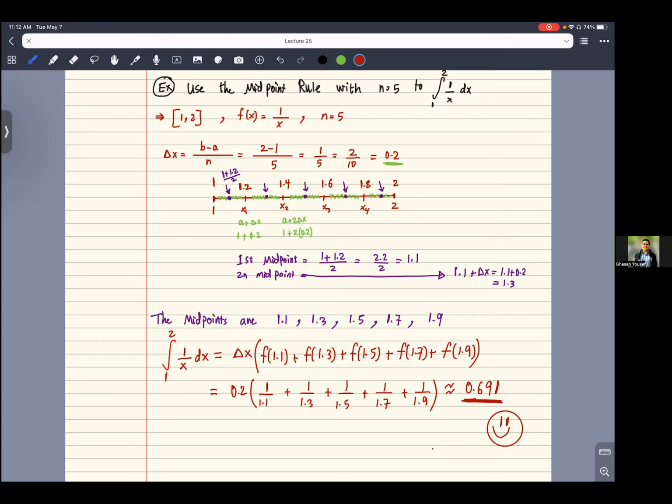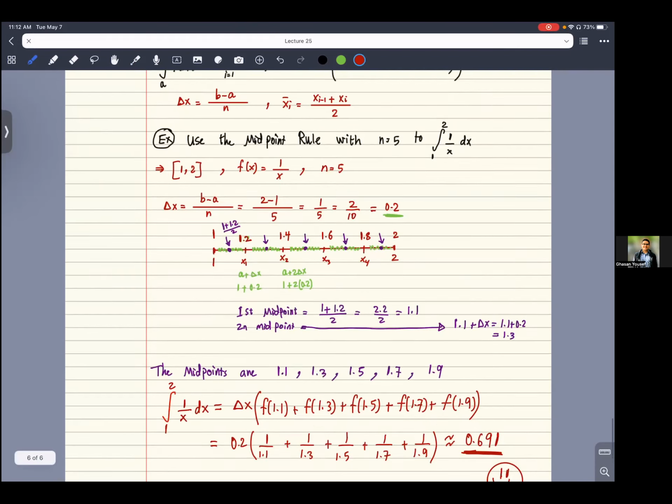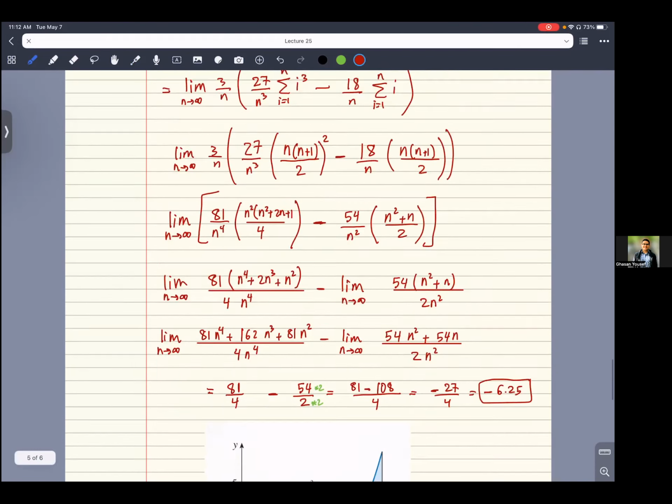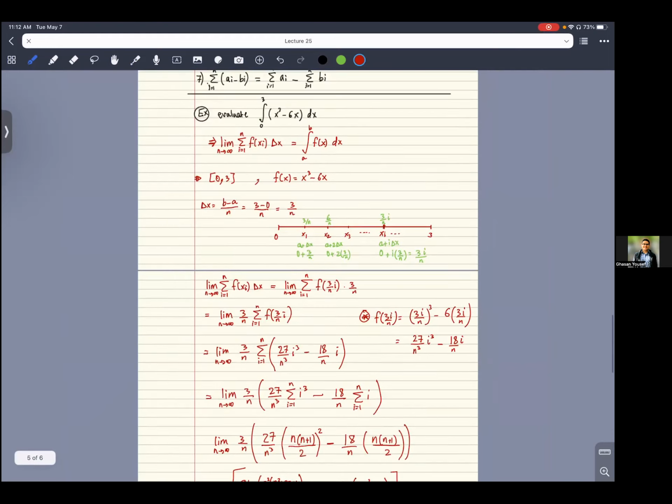You can choose whatever you like. If I do not say in the example what the sample point is, you can use the right endpoint, left endpoint, or the midpoint. Doesn't matter.